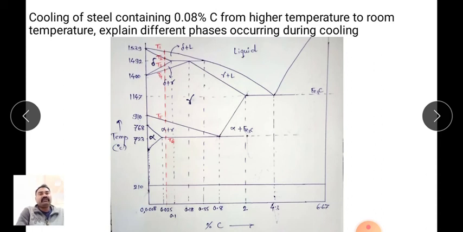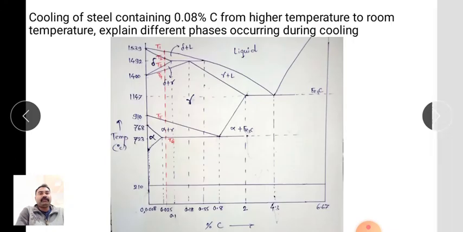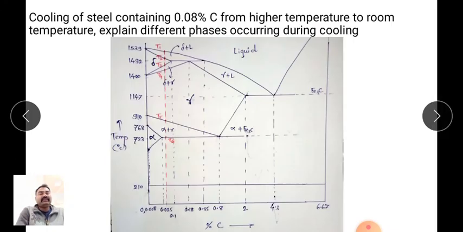Whatever temperature points occur, using them we explain the phases occurring in steel from higher temperature to room temperature. So don't panic if the percentage of carbon changes from 0.08 to another.